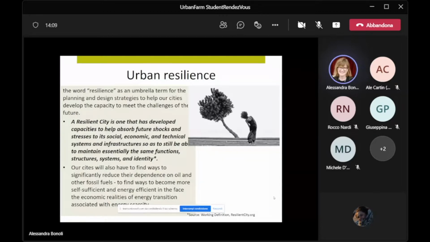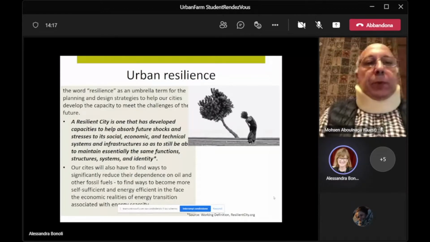In fact, they define a resilient city as a city that has developed capacities to help absorb future shocks and stresses to its social, economic, technical system and infrastructure, and able to maintain substantially the same functions, structures, system, and identity.